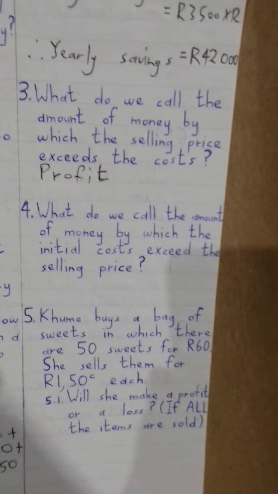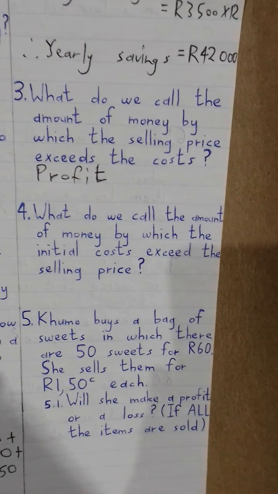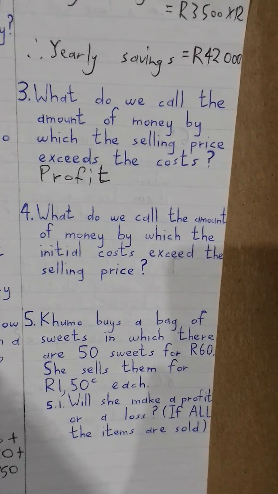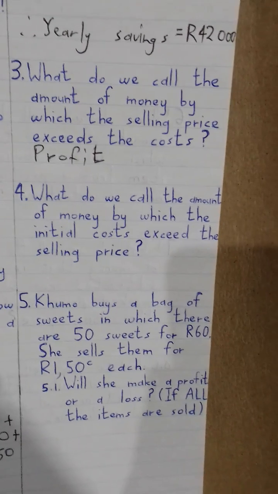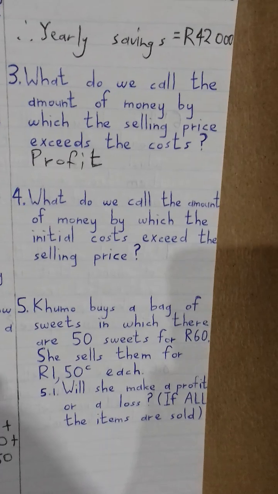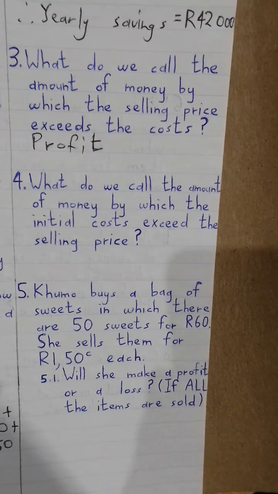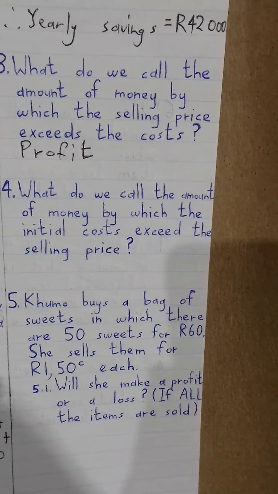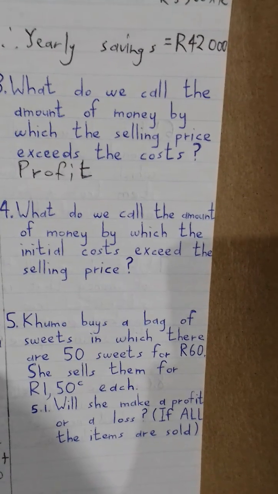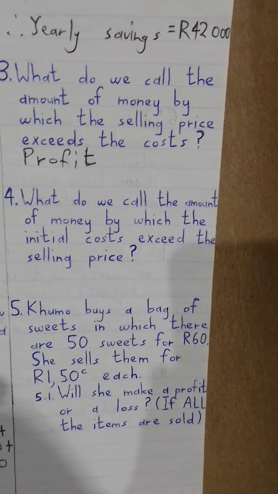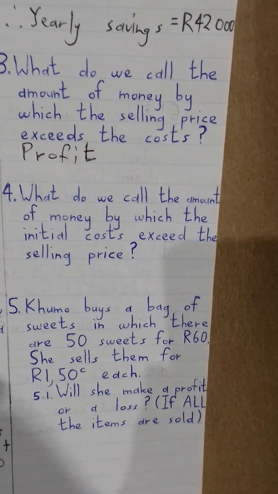Okay. Number 4 asks, what do we call the amount of money by which the initial costs exceed the selling price? Initial cost is greater than selling price.